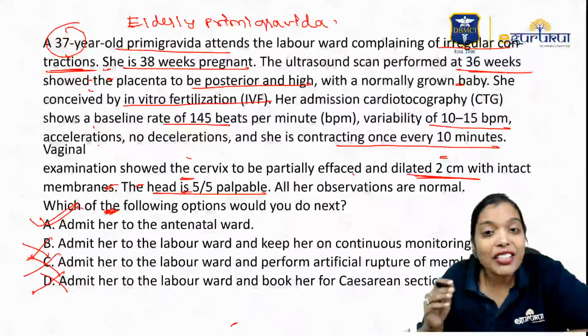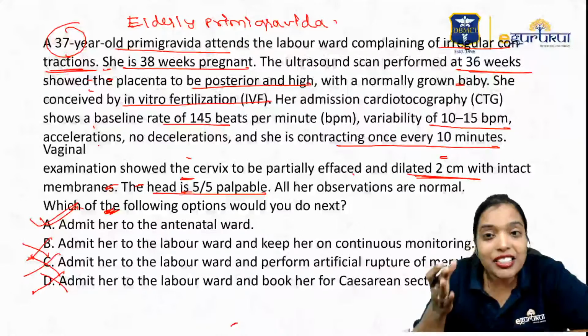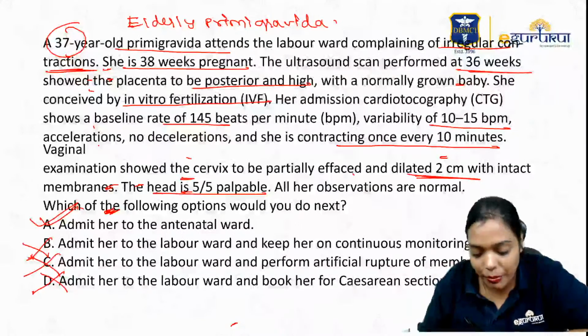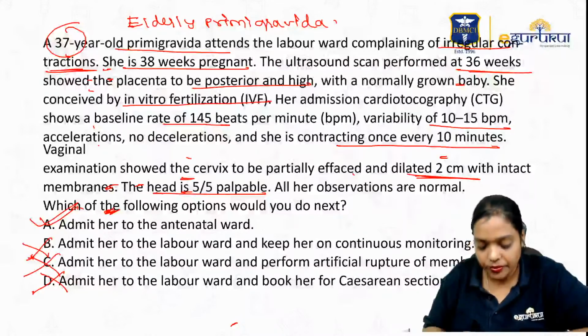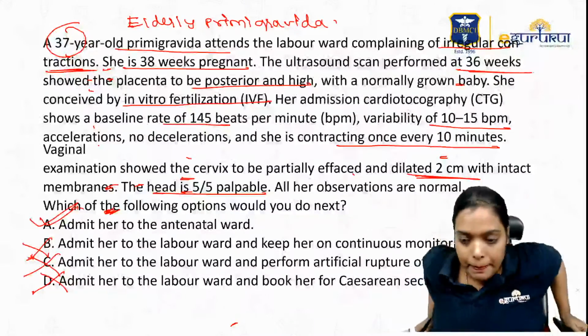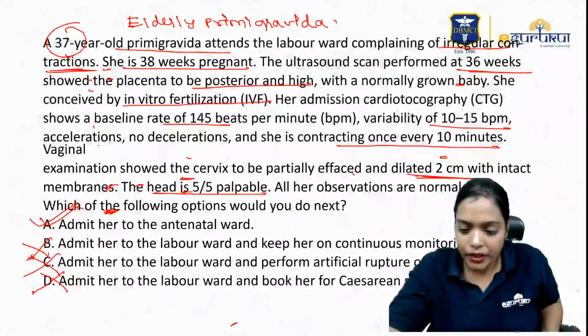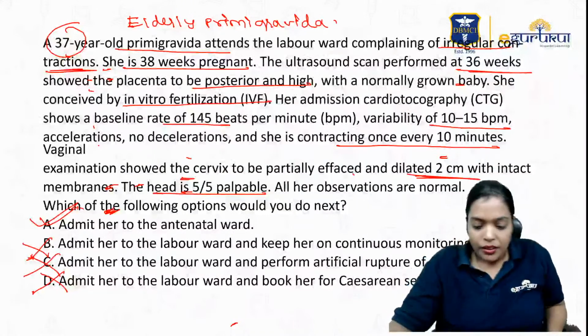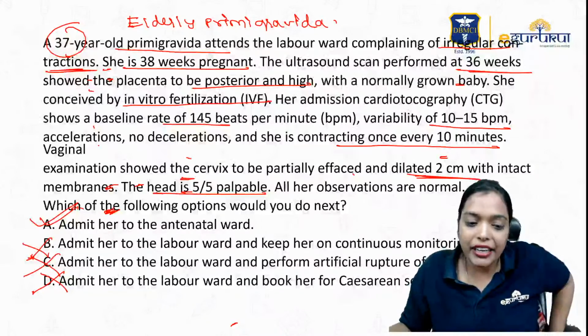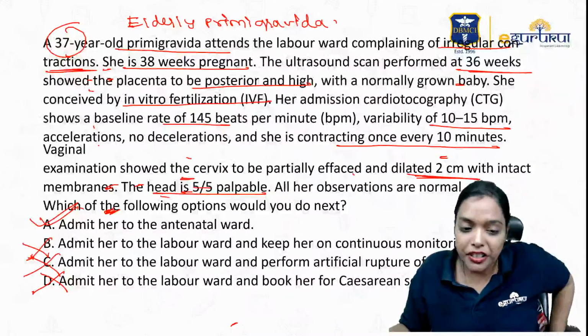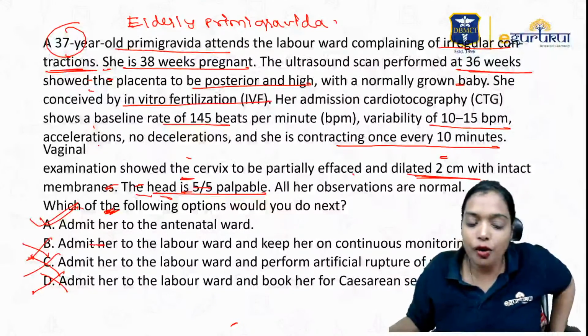Why? As she is a precious pregnancy, is she having true labor pains or false labor pains, guys? Continuous means non-stop you are keeping. She cannot move at all. So you admit her to antenatal ward because she is a precious pregnancy and she has false labor pains.